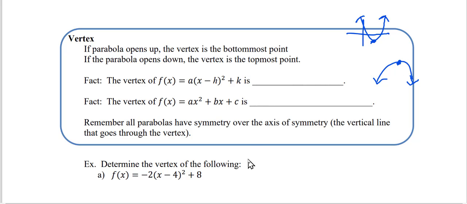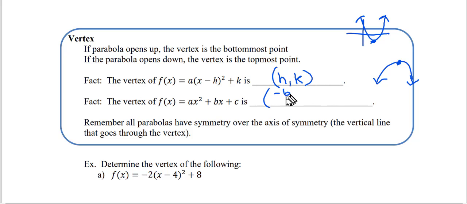When you are in this standard form after completing the square, the vertex is the ordered pair (h, k). The reason for that is that h is a right shift, so the vertex moves to the right from the origin, and k is the up or down shift. It's a little more complicated when you're in the other form.